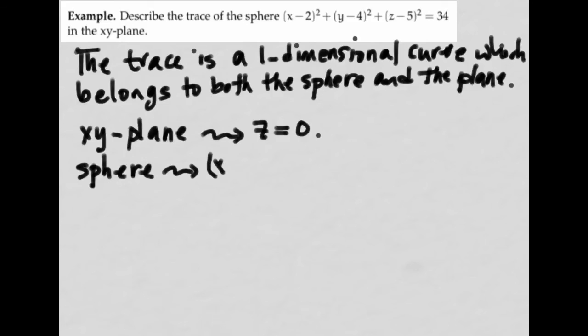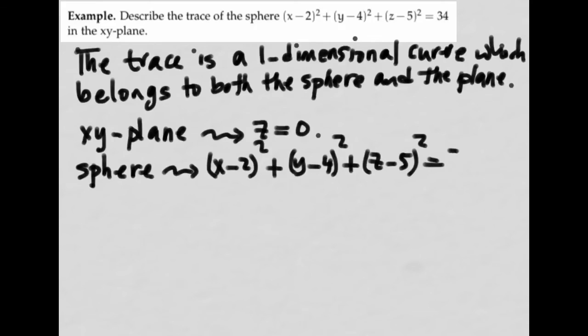It has equation x minus 2 squared plus y minus 4 squared plus z minus 5 squared equals 34. To find the intersection or the trace of the sphere and the xy plane, we simply look at z equals 0 from the equation of the xy plane and plug it in for z in the equation of the sphere.